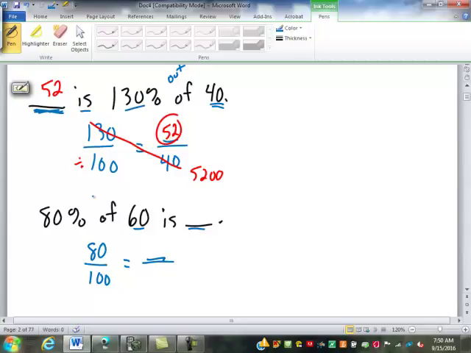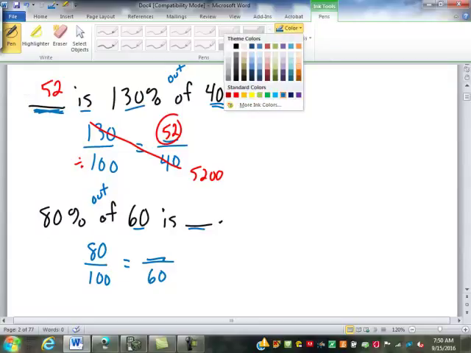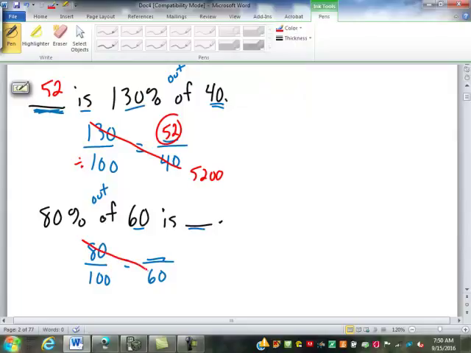Blank. Again, I can think of 60 as being out of 60, which implies that has to be on bottom. So now I cross multiply and divide. 80 times 60 is 4,800. Divided by 100 is 48. So 80% of 60 is 48.